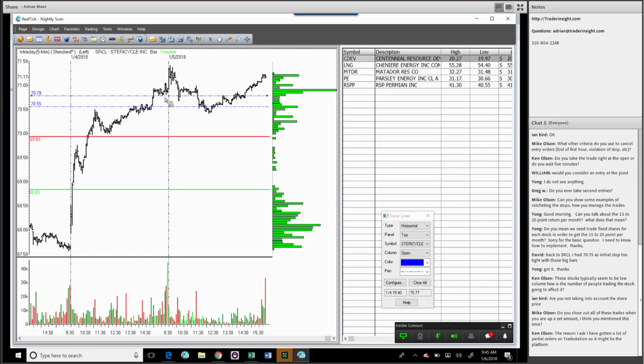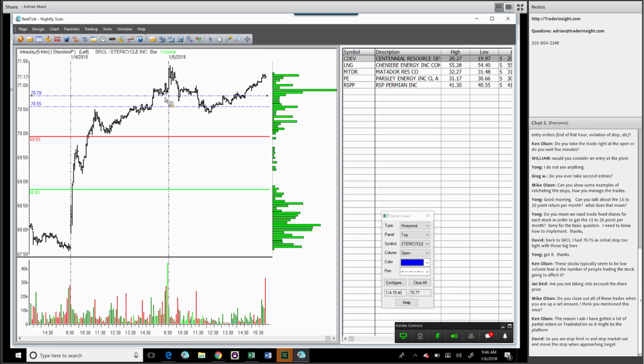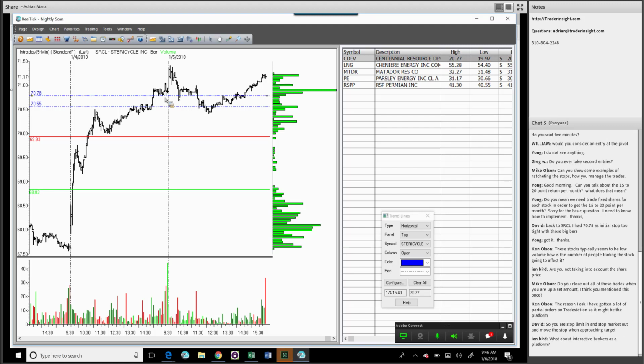So if you're using TradeStation, you're probably going to have to set some slightly wider parameters on your stop limit order in order to get the complete fill. Yep, I use a stop limit to go in and a stop market on the way out of the trade.